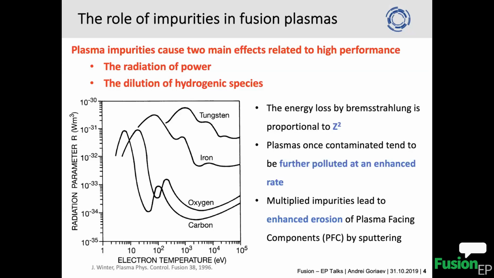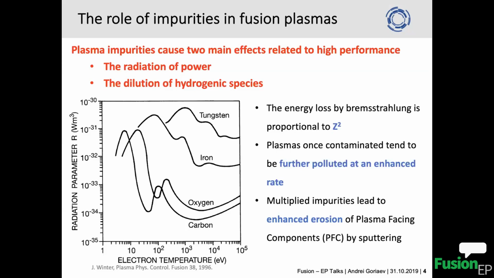Why is it important? We need to know and control the amount of impurities, first of all, because those impurities can radiate faster than you heat your plasma. And that will lead to radiative collapse. Radiative collapse means that you don't have plasma anymore.